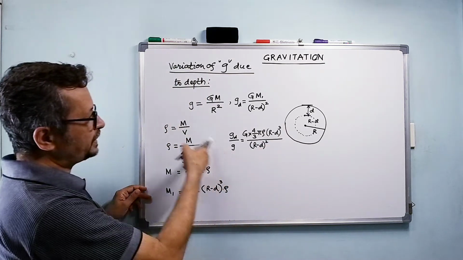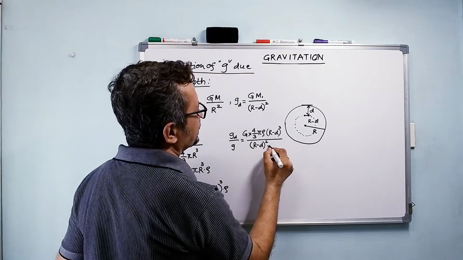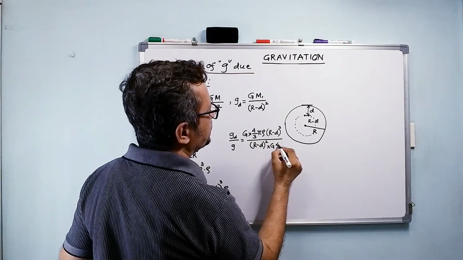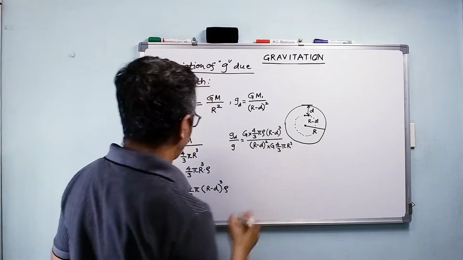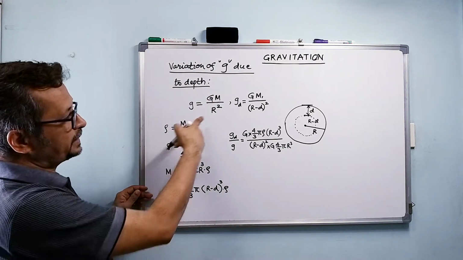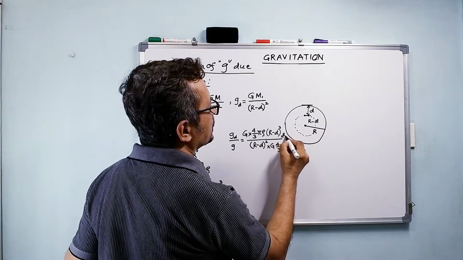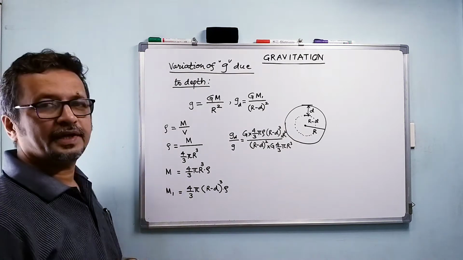And that divided by this g, which is 4 by 3 pi r cube, divided by r square. So that is what we get here.